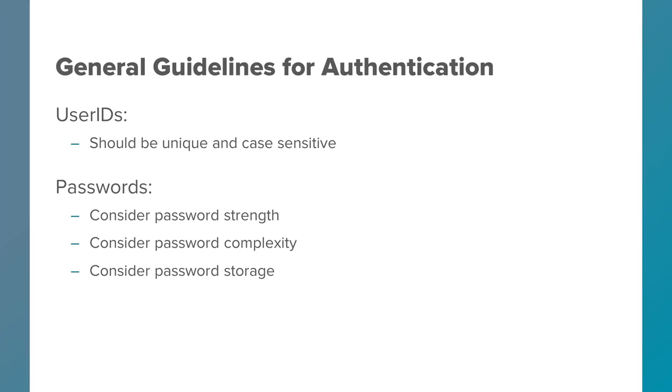Anything below this is considered a weak password. Now you want to consider password complexity. So you want to enforce the password having at least one uppercase character, at least one lowercase character, at least one digit, and at least one special character like an exclamation mark or a $ symbol, for example.